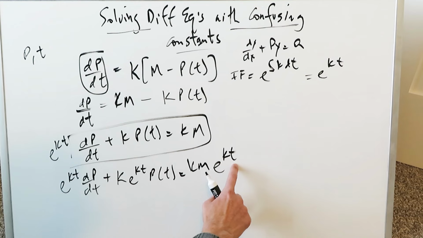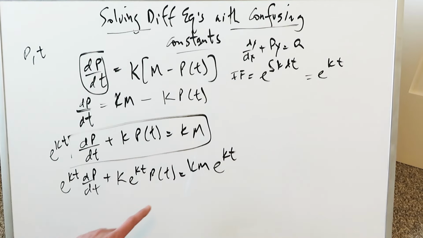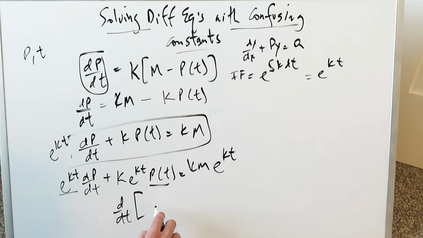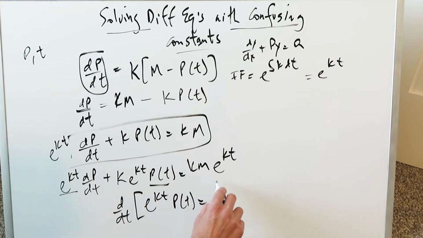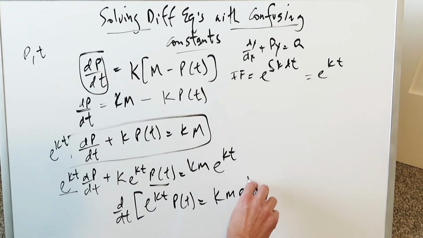What's the variable over here? It's t. This has come here from a derivative or implicit differentiation of something. What is that something? Look right over here and combine them. Derivative with respect to time, d over dt. Don't put an x over here. There's no x's involved. You have e to the power of kt and then pt is equal to km e to the power of kt.